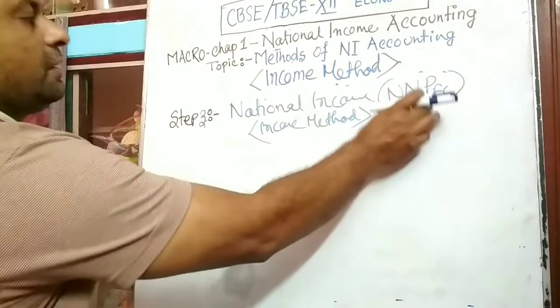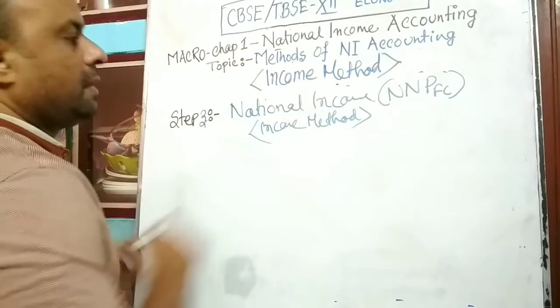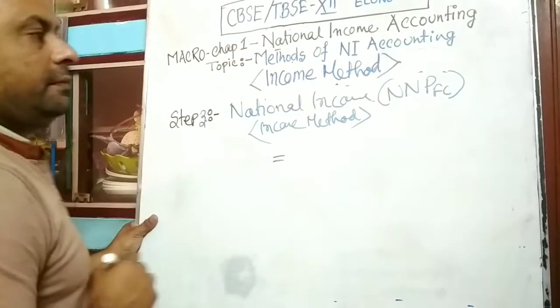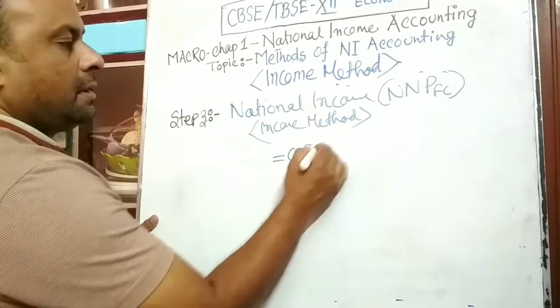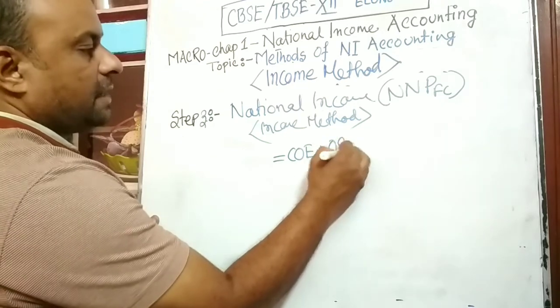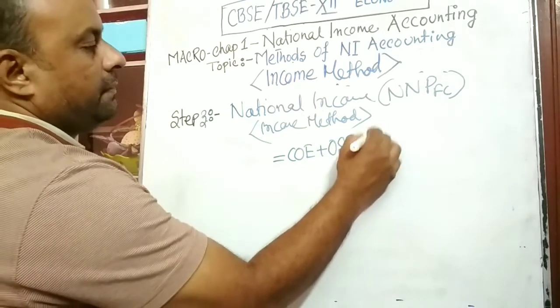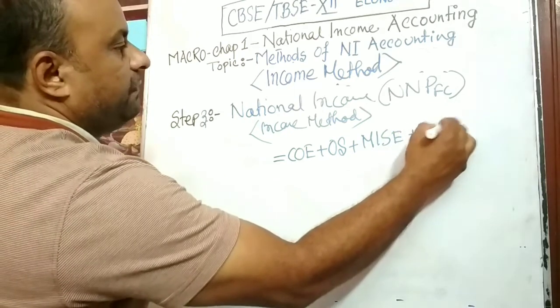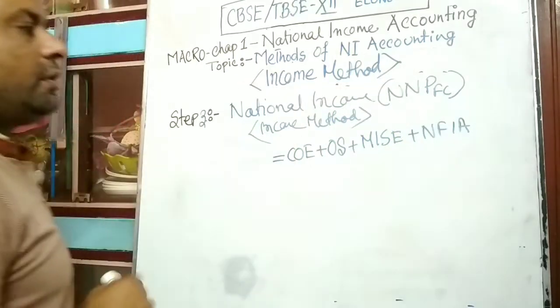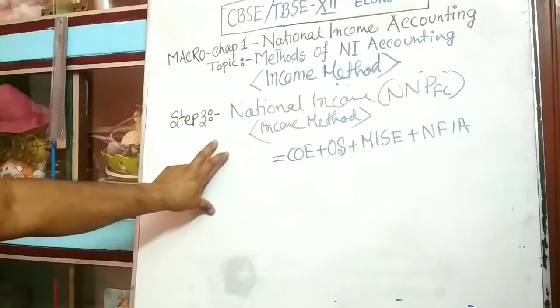NNP factor cost is the term of national income. So what are the terms? First one is compensation of employees plus operating surplus plus mixed income of self-employed plus NFIA. By adding these four, we get directly national income of a country.